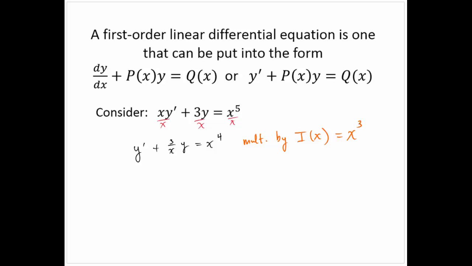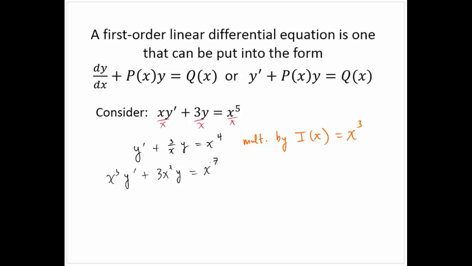If I multiply through by x cubed, I now have x cubed y prime plus 3x squared y is equal to x to the seventh. Now, don't worry about where that x cubed came from right now. I'll explain that in the next slide. Just go ahead and accept it for now.